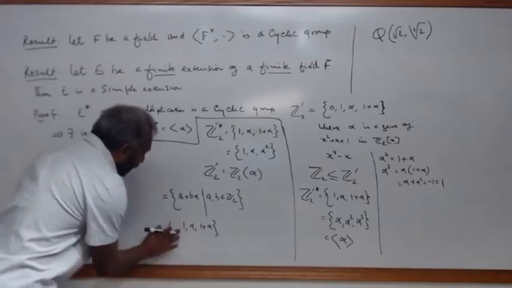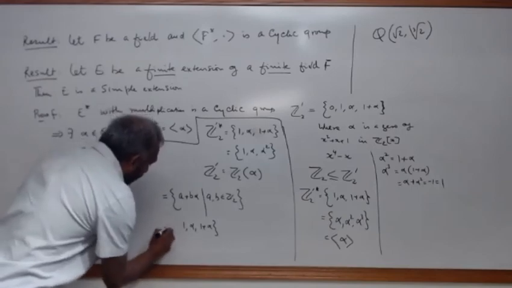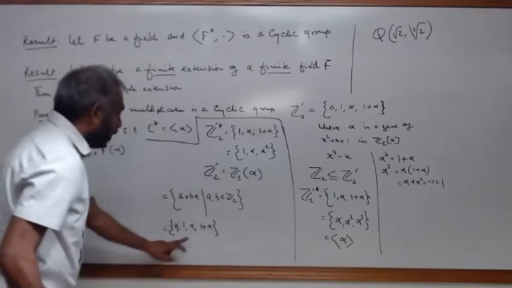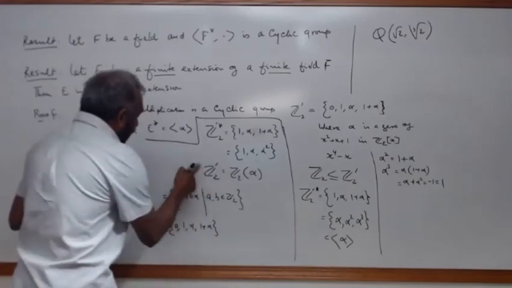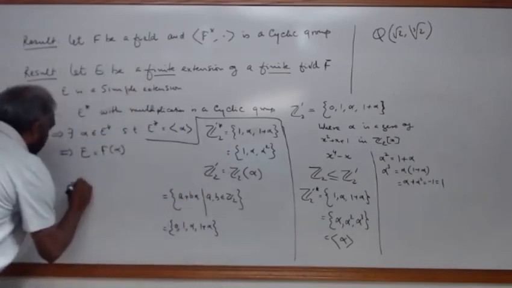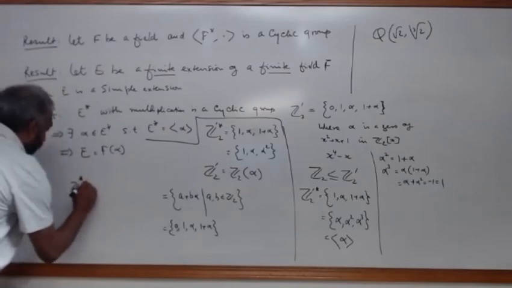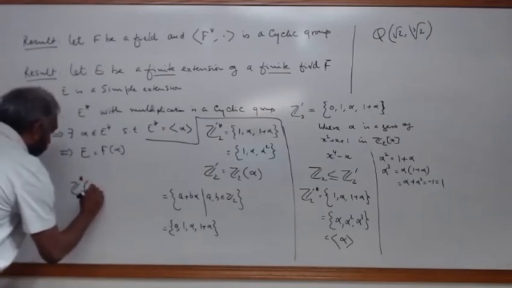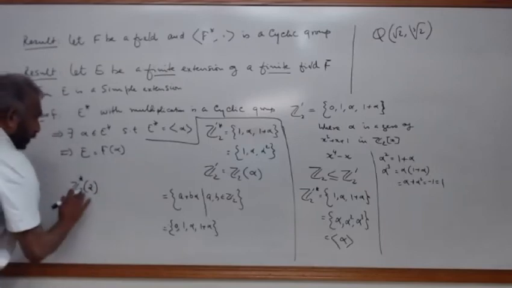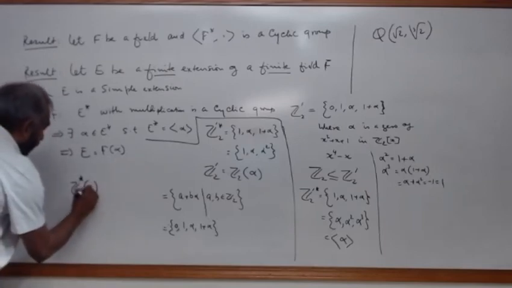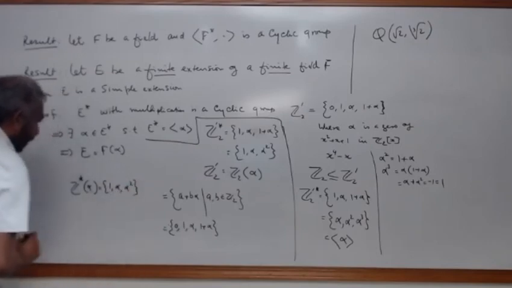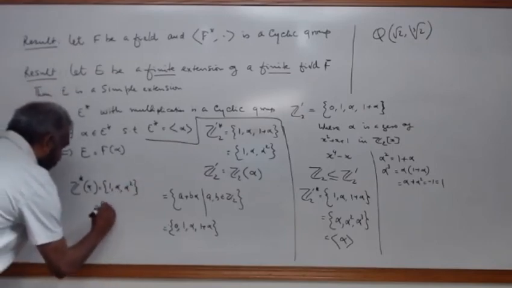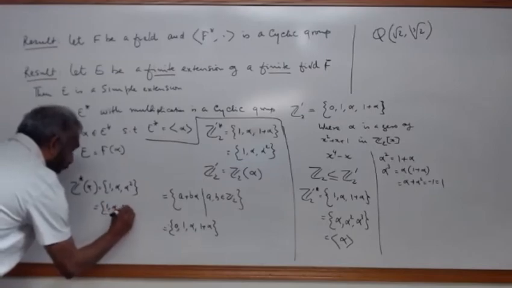Okay, over here there is a 0 also here, because I am not taking the multiplicatives. So these are the elements. But when you take this one, star of alpha, that contains only one alpha square, and that is precisely 1 alpha 1 plus alpha.